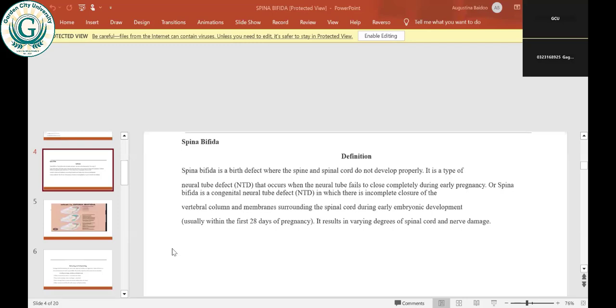Or we can add, spinal bifida is a congenital neural tube defect in which there is incomplete closure of the vertebral column and membrane surrounding the spinal cord during early embryonic development, usually within the first 28 days of pregnancy. It results in varying degrees of spinal cord and nerve damage. So we are saying that spinal bifida is a congenital neural tube defect.